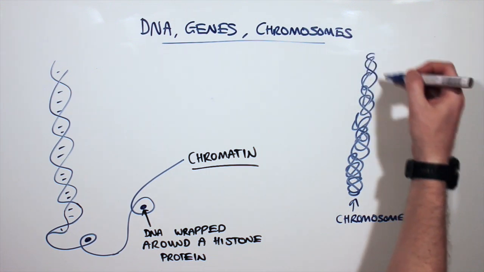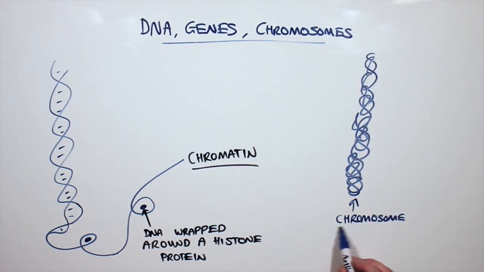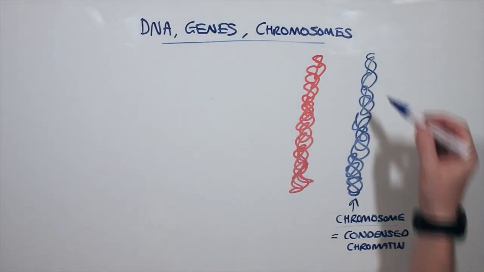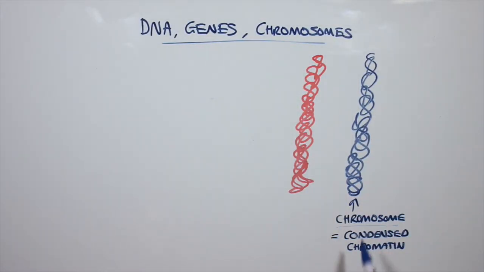This single squiggly line is a chromosome. And in fact a chromosome is just condensed chromatin. So I'm hopeful at this stage you can see that we have one chromosome, that's condensed chromatin, and we know that chromatin is just DNA wrapped around histones.